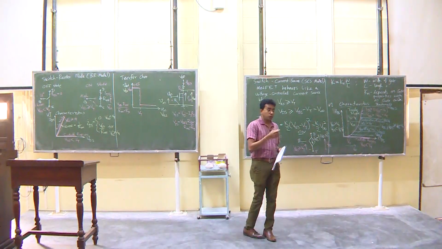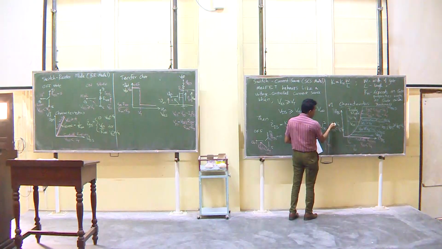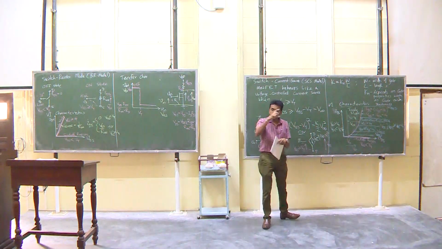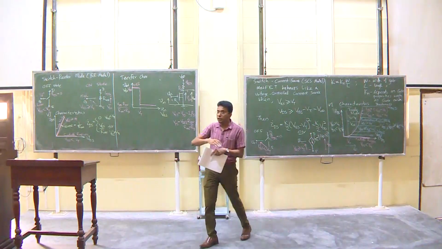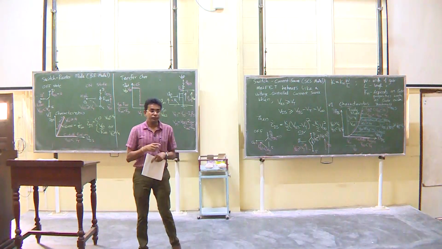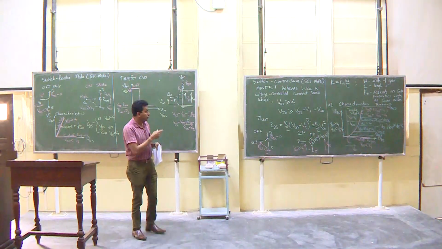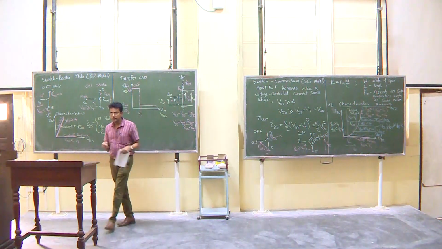So, VGS has to be greater than VT, but VDS is small. Output voltage is in between 0 and the overdrive voltage. Overdrive voltage is the one that designs it.